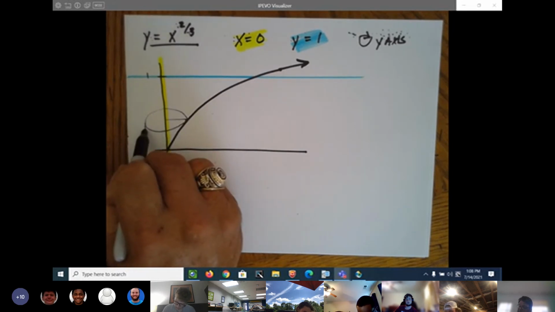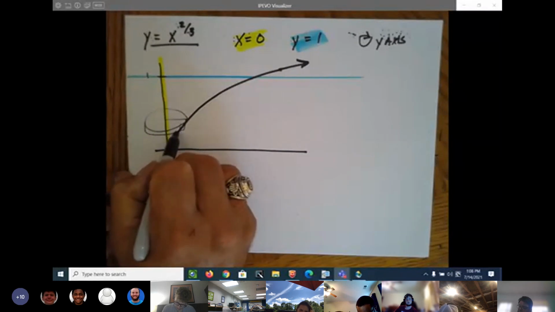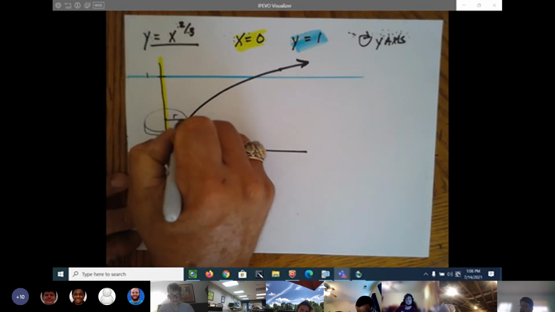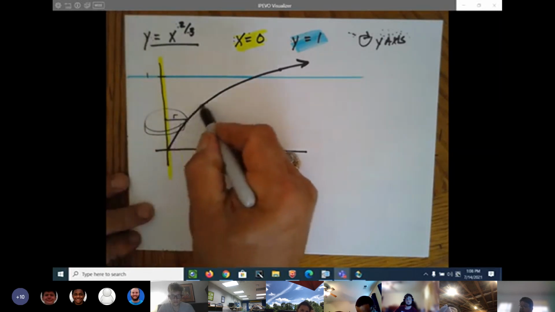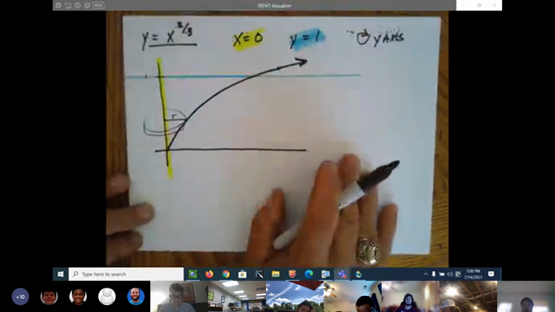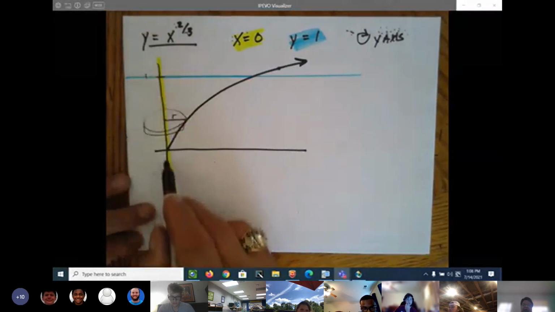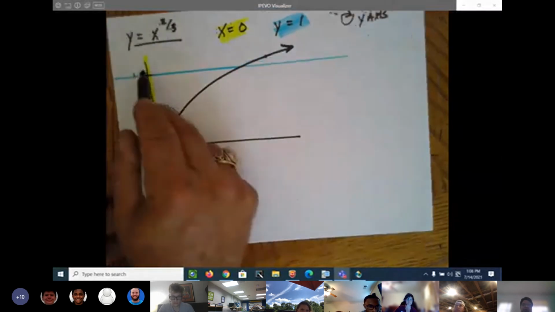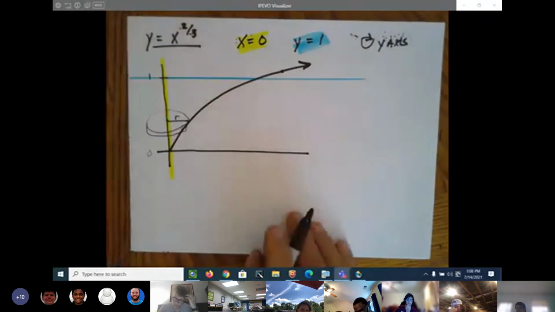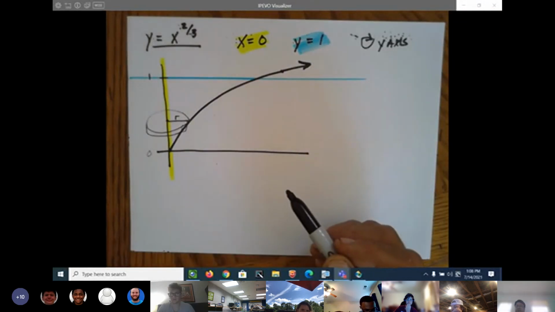And I'll put the height on this side this time. What is the radius of this function? The radius is the actual function, which has got to be in terms of y. What's the height of this function? 0 to 1.